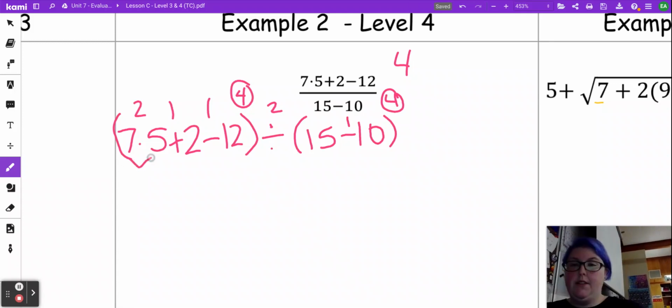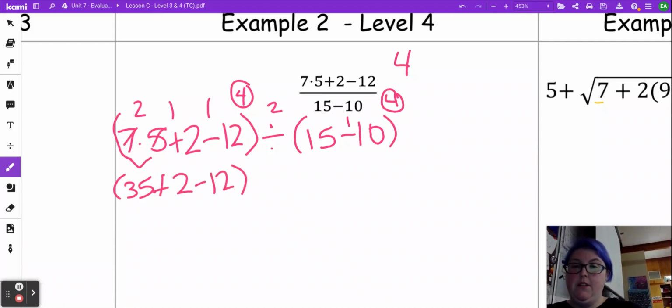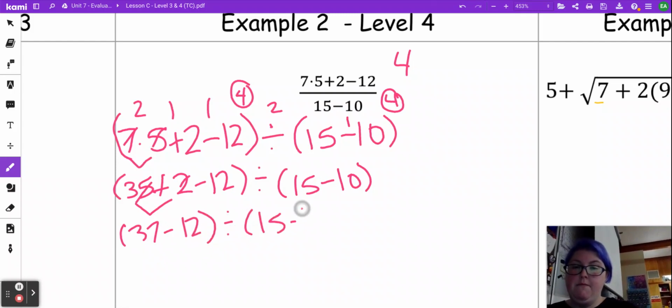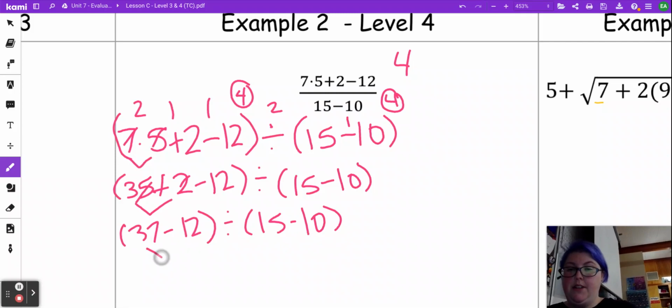We have 7 times 5 is 35. I'm going to cross those out because I need to bring down my plus 2 minus 12 divided by 15 minus 10. All right, and then 35 plus 2 is 37 minus 12, still divided by 15 minus 10. 37 minus 12 is 25.